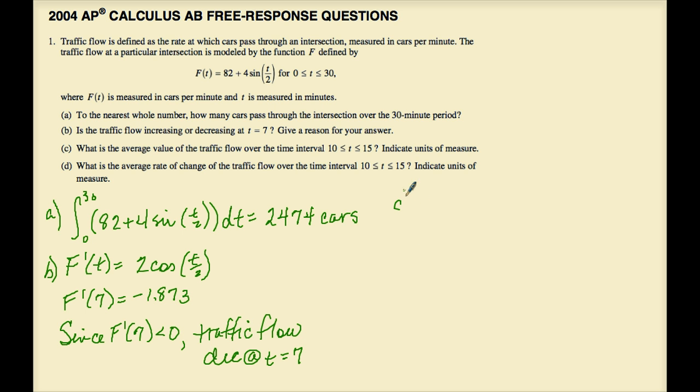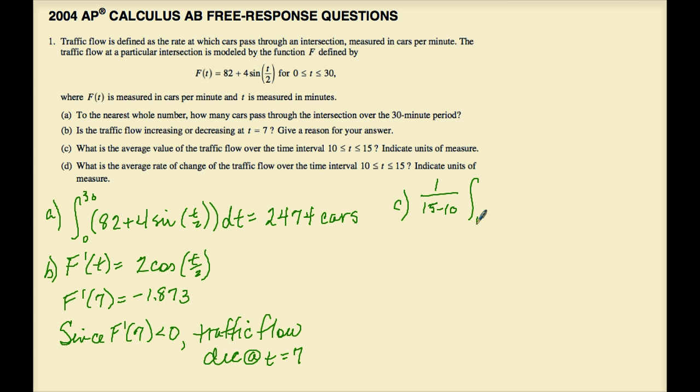Letter C. What is the average value of the traffic flow over the time interval 10 less than or equal to t less than or equal to 15? Indicate units of measure. Since this is an average value question, we'll need to include the coefficient 1 over b minus a, which in this case will be 1 over 15 minus 10.